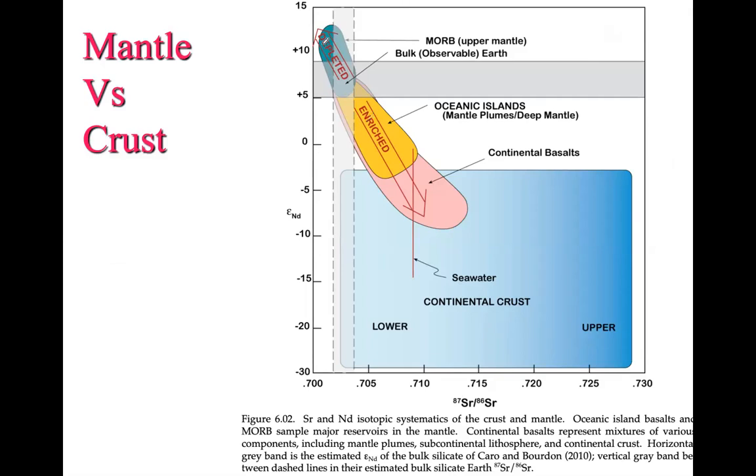Right. Always remember this depletion and enrichment pattern gives you the crust-mantle array. So we call it crust-mantle array because enrichment is always associated with the crust and depletion is always associated with the mantle. Right. So therefore we call this distribution the crust-mantle array. Okay.